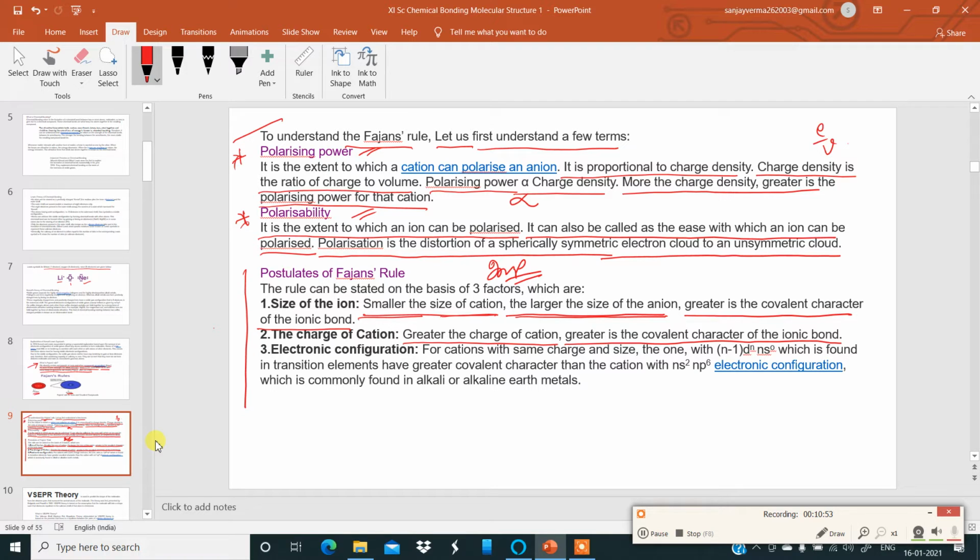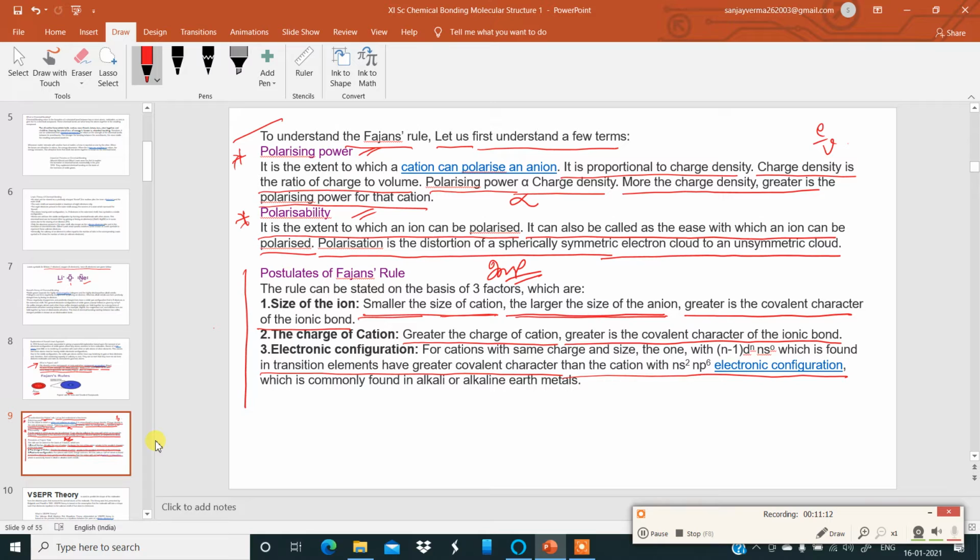Then electronic configuration. For cations with the same charge and size, the one with (n-1)d electrons, found in transition elements, has greater covalent character than the cation with ns2 np6 electronic configuration.